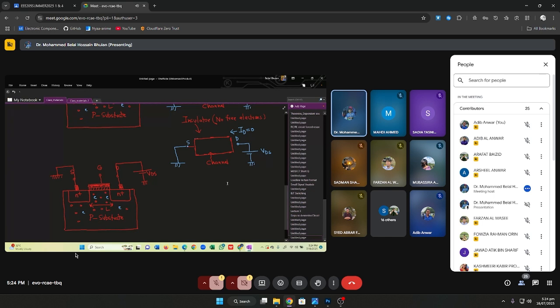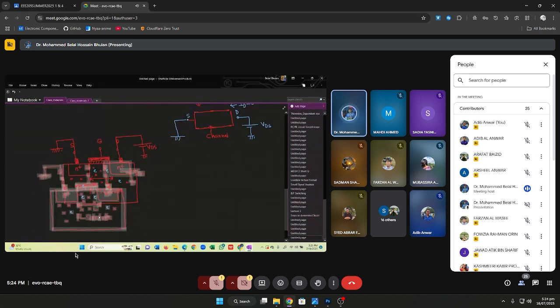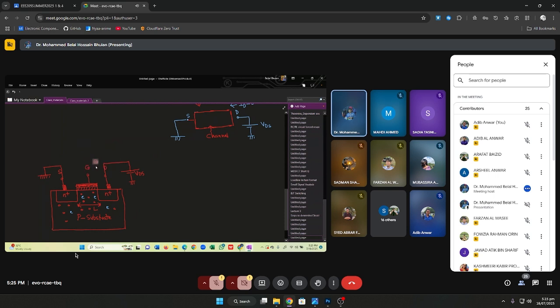Okay, case 2. Same diagram, same connection. Now we do one thing: we apply a voltage at the gate. So in case 2, we apply VGS, which is positive.